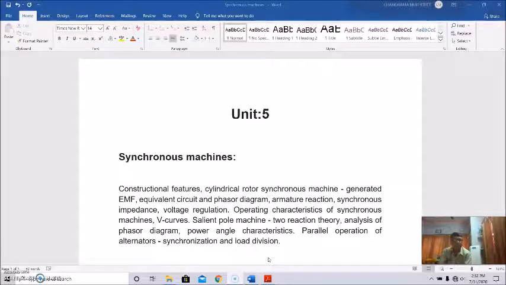In synchronous machines we will learn constructional features, what the different types of synchronous machines are, how they are constructed, what their different parts and components are, and the equations of the generated EMF, its equivalent circuit, phasor diagram, armature reactions, synchronous impedance, and voltage regulation, operating characteristics of synchronous machines, V-curves, salient pole machines, two reaction theory, and analysis of the phasor diagram, power angle characteristics, parallel operation of alternators, synchronization, and load division.